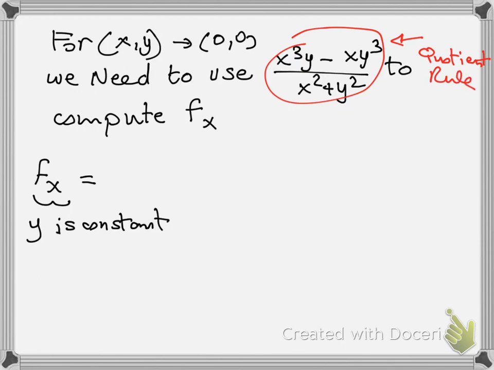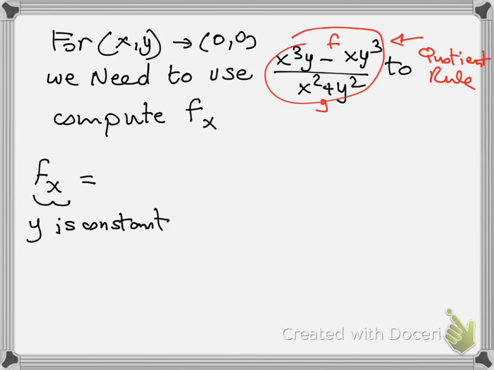The top would be f and the bottom would be g. So the quotient rule will be f prime g minus f g prime over g squared.